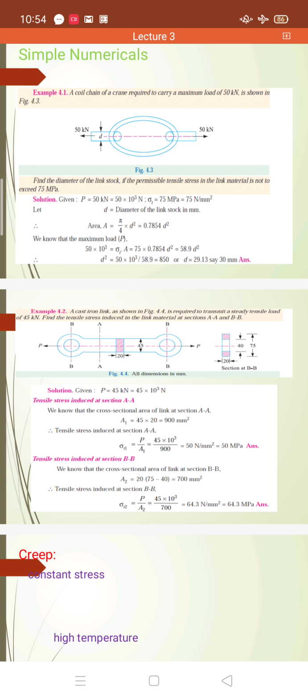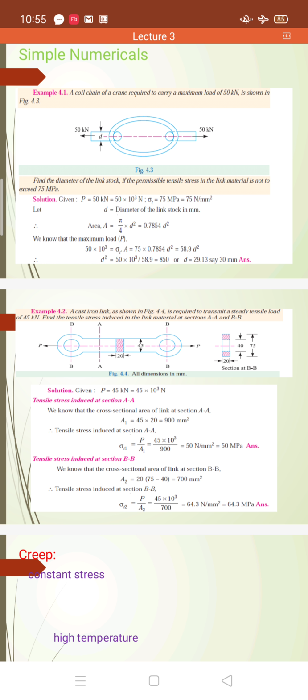You may also know that sigma t is equal to P upon A. So put down all these values: 50 into 10 raised to 3 is equal to sigma t into A, which is 75 into 0.7854 d square, which is equal to 58.9 d square.